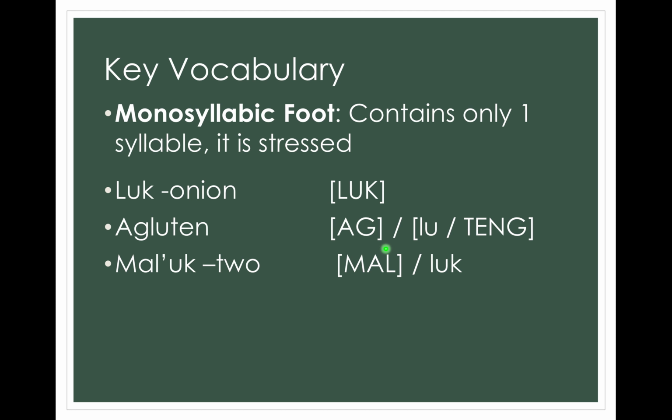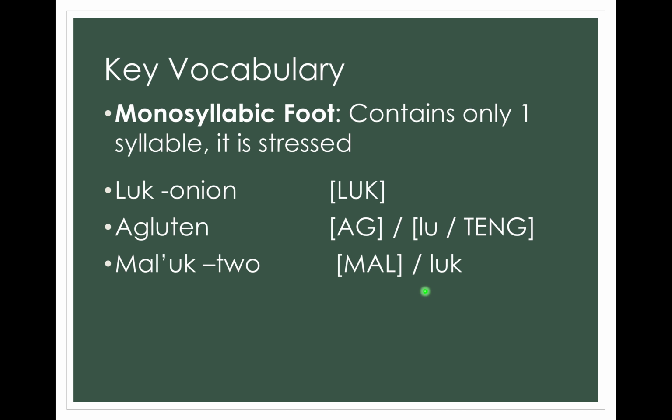Oh, I spelled it wrong there. I'll fix that. Ar is a monosyllabic foot. It's stressed. It's the only thing in those brackets. So it's a monosyllabic foot. Ludung is not a monosyllabic foot. It has 2 syllables.